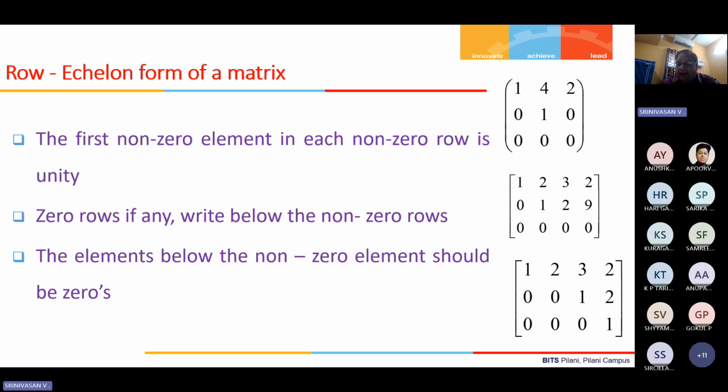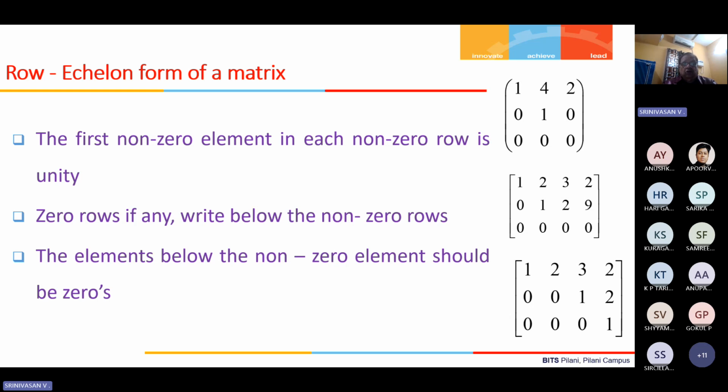Be careful in identifying. Say here is a second row having elements zeros, but there is one non-zero element. So this is a non-zero row. Only when all the elements of a row are zeros is it called a zero row. So there are 2 non-zero rows.